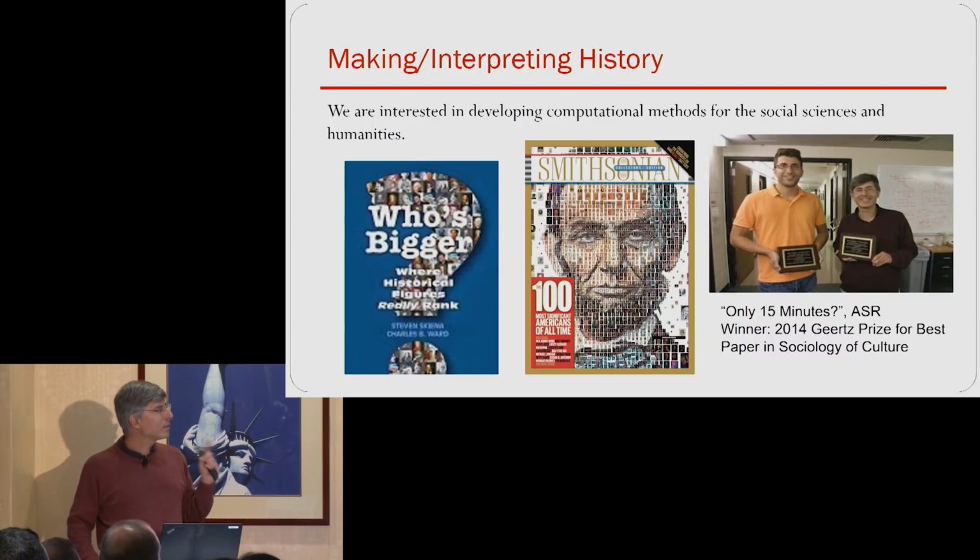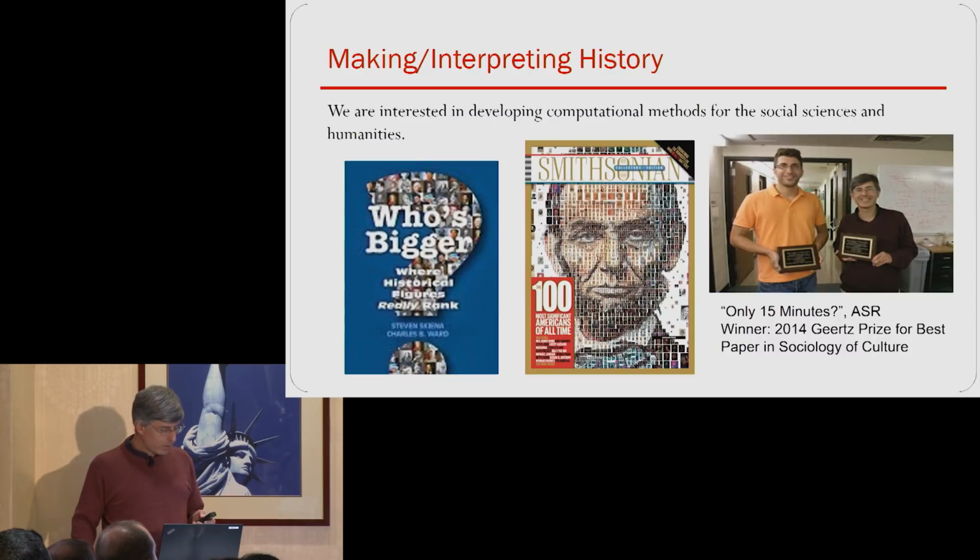But let me just give you an example of why I think this is a great method for getting data from graphs. I've worked a lot over the years in doing analysis of Wikipedia, and I'm interested in social science kind of things. We wrote a book on ranking the importance of historical figures, based on analyzing Wikipedia.